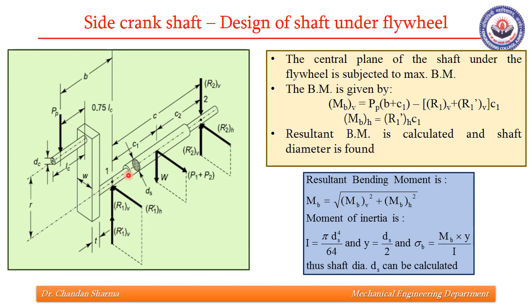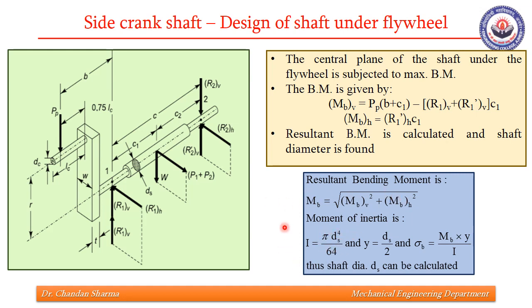So we'll find MBV by this formula and MBH, bending moment in the vertical plane and bending moment in the horizontal plane. We know MBV, we know MBH, so we can find what is resultant bending moment. This formula will give us resultant bending moment.